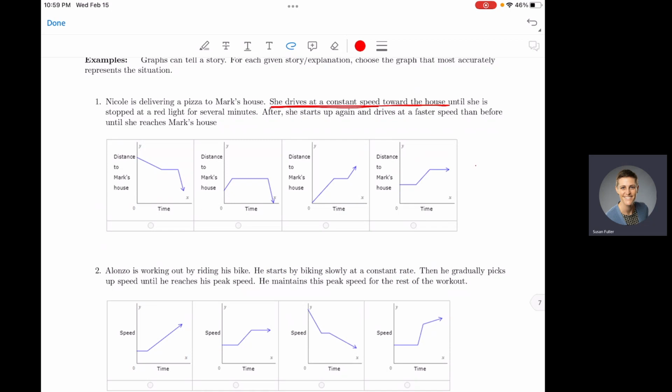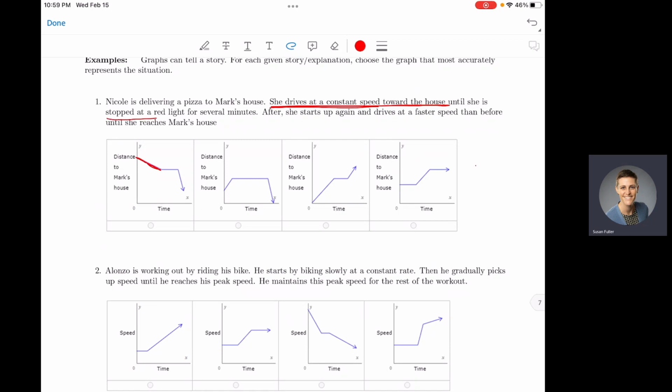Because if you're heading towards something, your distance from there goes down. So we should be decreasing at first as she drives at a constant speed toward the house. The only one of these functions that's decreasing at first is this one. So let's make sure the rest of this makes sense as well. So here's the part where she's driving at a constant speed and the distance to Mark's house is decreasing.